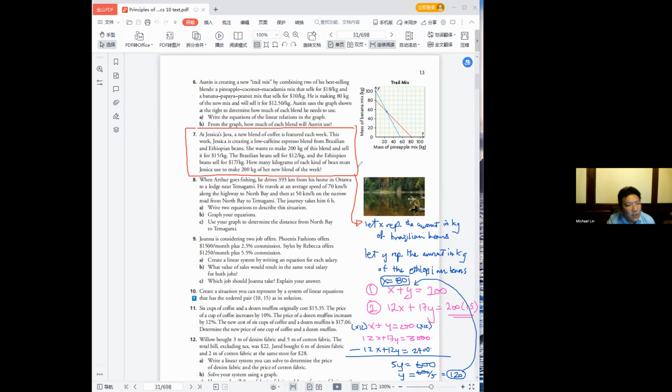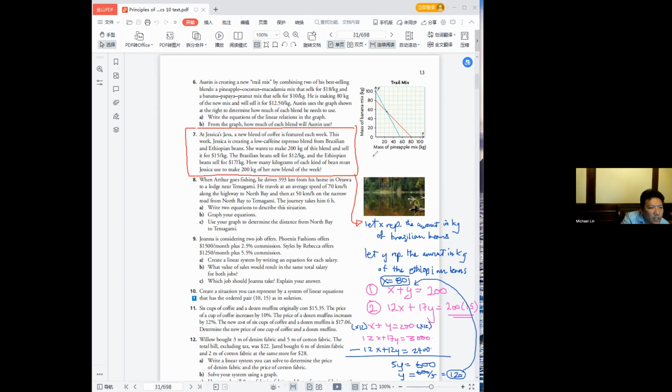So we have our answer. If you mix 80 kilograms of Brazilian beans with 120 kilograms of Ethiopian beans, you can create a mix that is 200 kilograms. And you will also be able to sell it for $15 per kilogram.